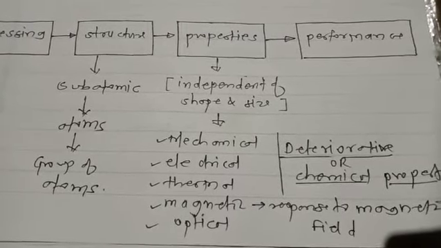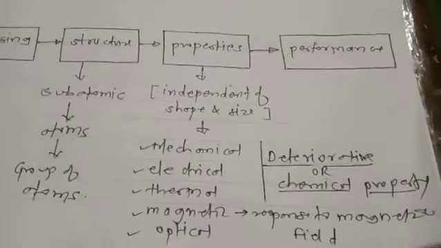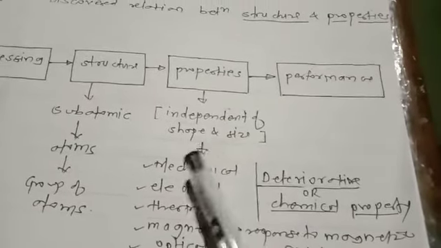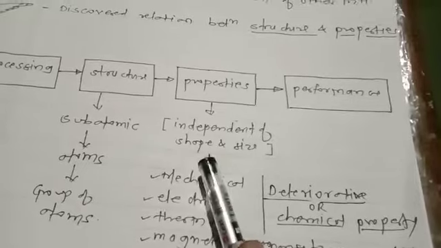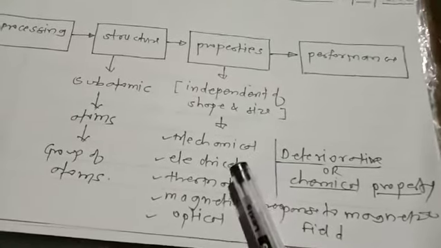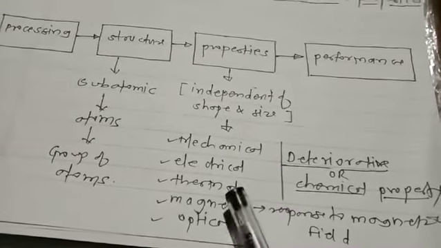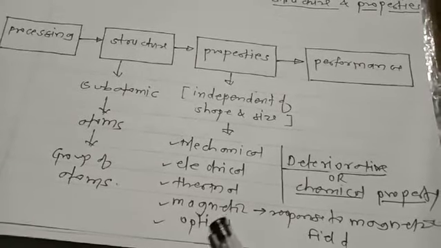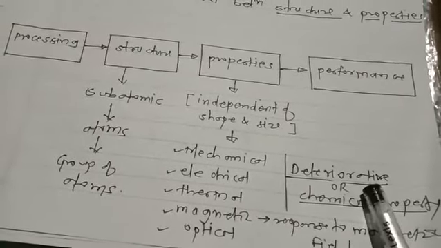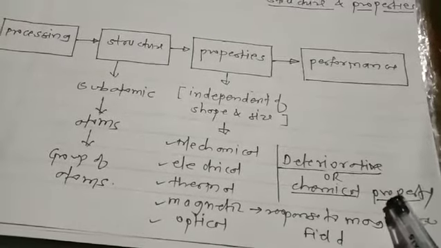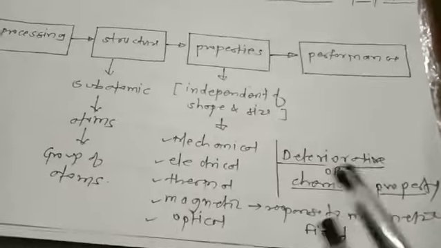Then properties, what is written, independent of shape and size, right? So properties of the material are independent of the shape and size. What are the different properties? There is mechanical property, electrical property, thermal property, magnetic property, optical properties, and last one is deteriorative property, or it is called chemical reactivity property, right?